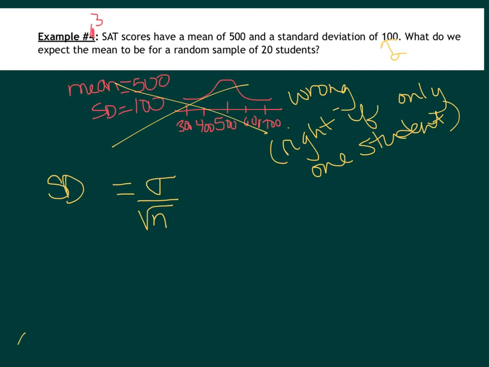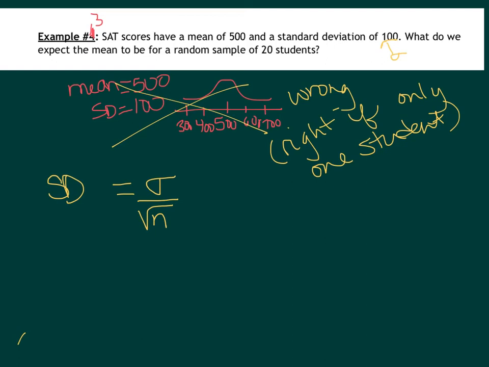By the way, you will often see this written as SD of x bar. If that is super confusing to you, don't worry about that right now. I don't want the notation to mess you up. I just want you to know which ones are populations and which ones are samples. That's the main thing I want you to get with notation. But just know that we're doing sigma over the square root of n.